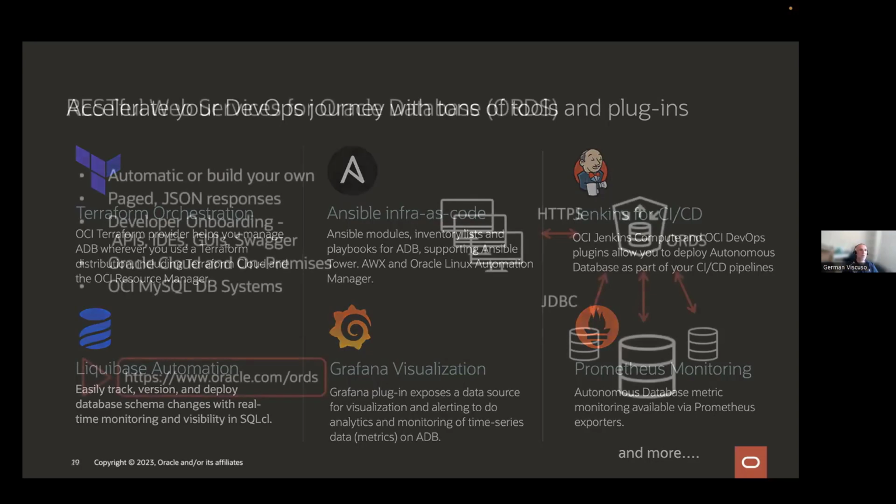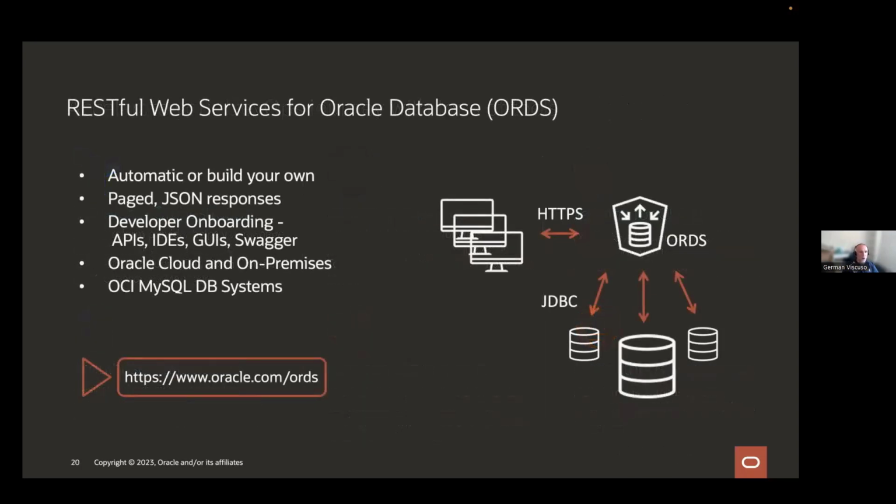Okay. All right. So ORDS, this is something that I wanted to show you, but I couldn't because Database Actions did not launch. But basically what I was going to do was put a customers table in Autonomous Database and then expose the table as a web service. We can do that thanks to ORDS.